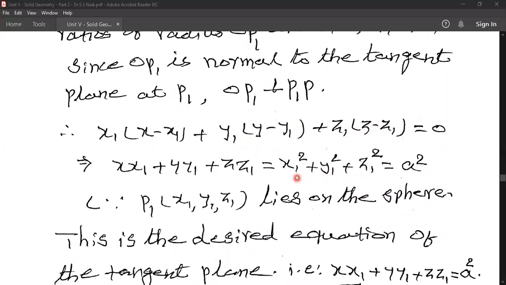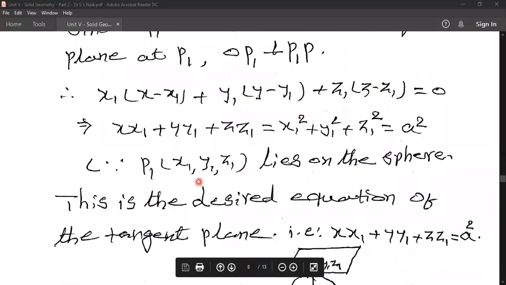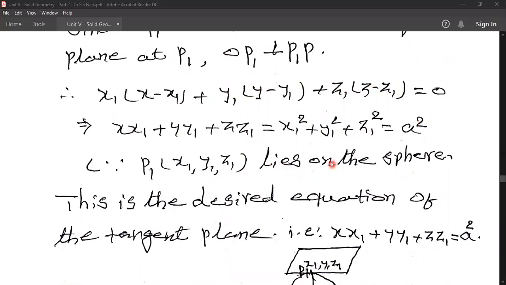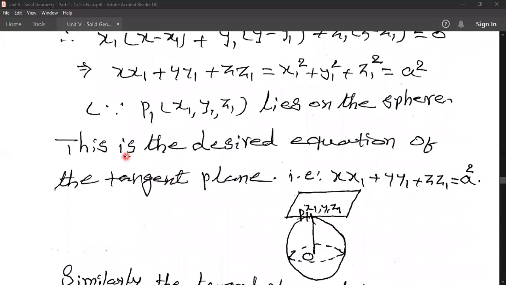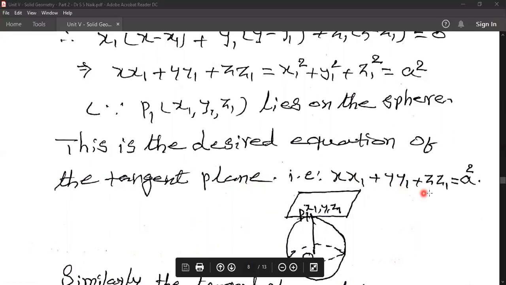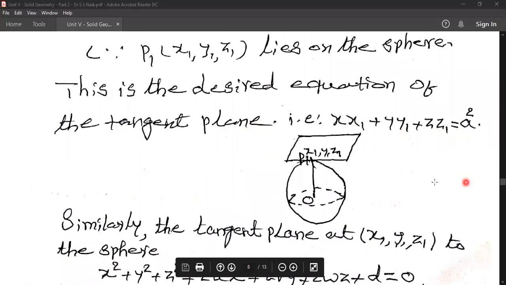Now x1 square plus y1 square plus z1 square is equal to a square, because P1(x1, y1, z1) lies on the sphere, so it has to satisfy the equation of the sphere. This implies the desired equation of the tangent plane is x x1 plus y y1 plus z z1 equal to a square. So this becomes the tangent plane at the point P1.